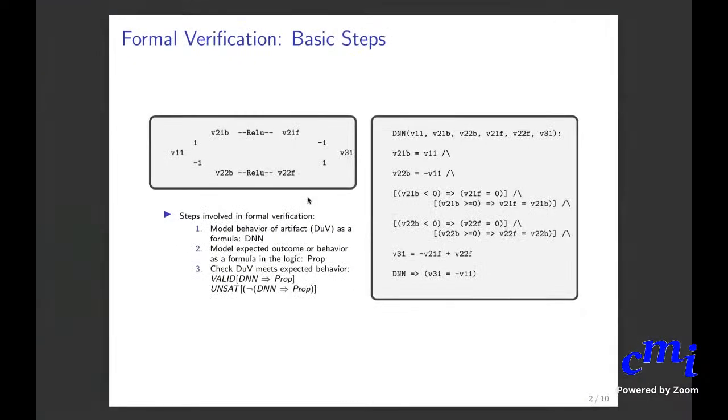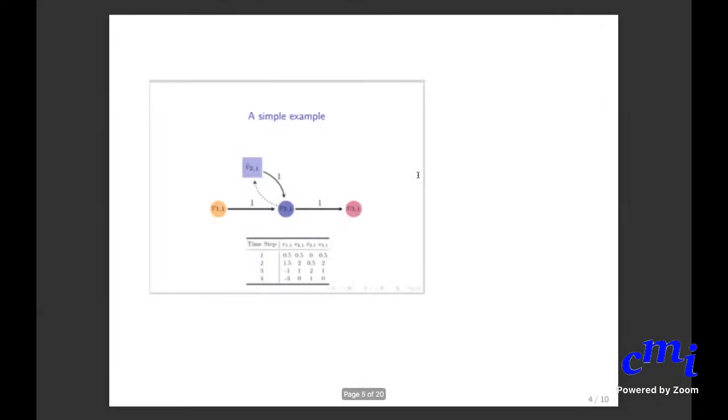Okay. So now I've talked a little bit about the variations on the different kinds of properties that we want to verify. Now we'll get back to discussing why the way that I've defined DNN, the predicate DNN, is indeed a model of the thing.